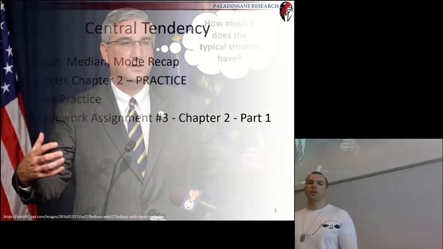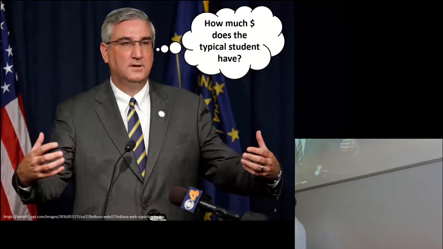Just to quickly recap, oftentimes we need measures of central tendency in order to make sense of data. Our human brains are horrible at understanding large amounts of raw scores, and we usually need to boil it down to one or two numbers that give us a picture of what's actually going on.